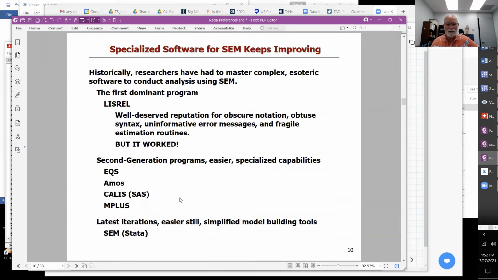There's a bit of history here, and I'll glide over this, but I learned to estimate structural equation models using a program called LISREL, and it's an acronym for something.